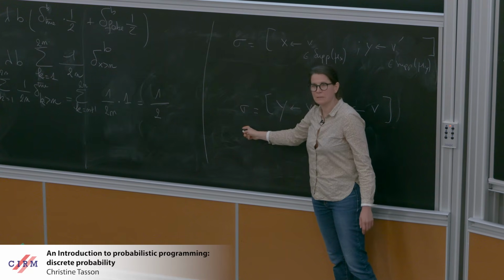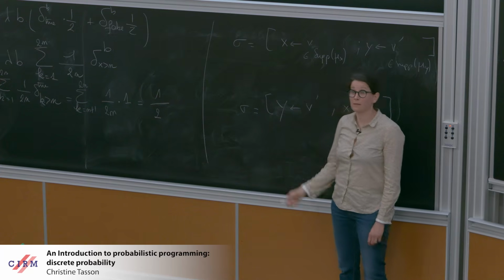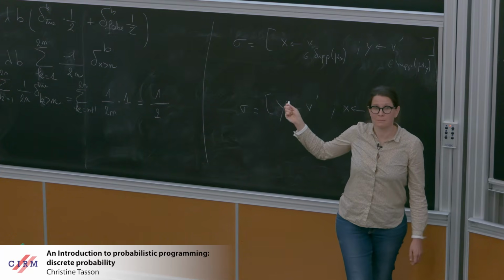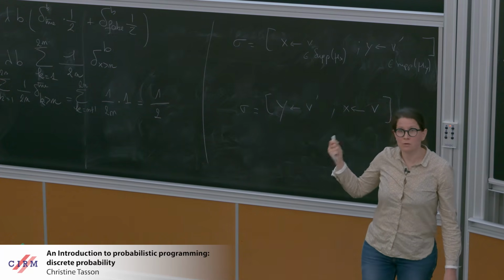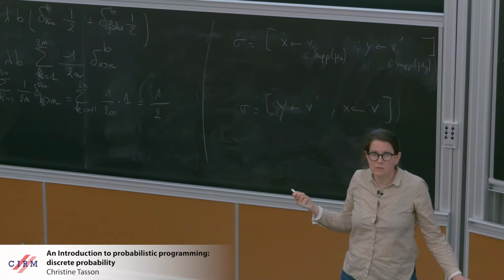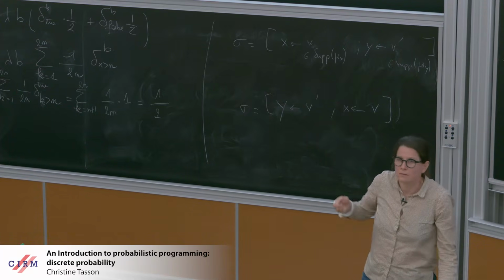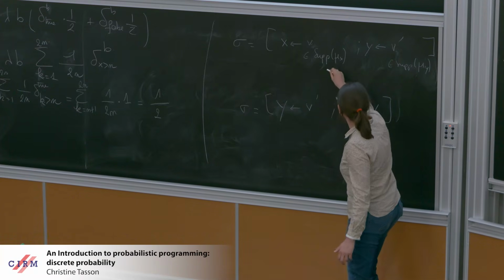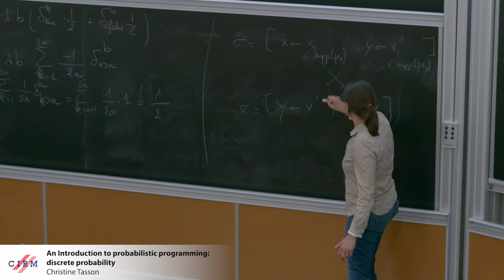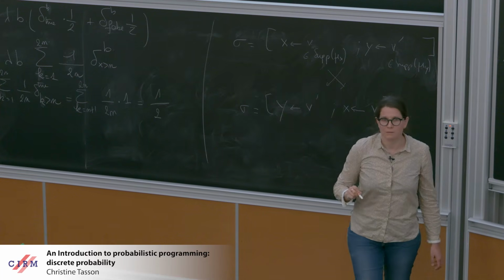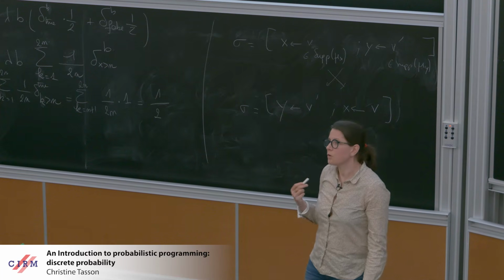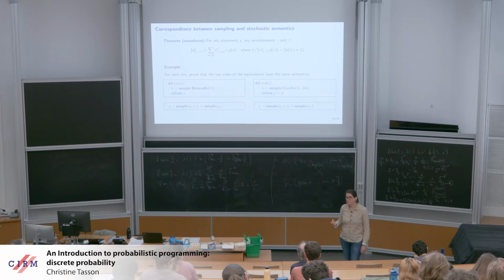That's the set of sampling traces, and there is a bijection between them. Whatever is the order of the samples, you get the same trace. I can compute the swap to get a bijection between the two traces. Because I am summing over all the possible traces, if I have a bijection between the traces, then I get the same semantics.